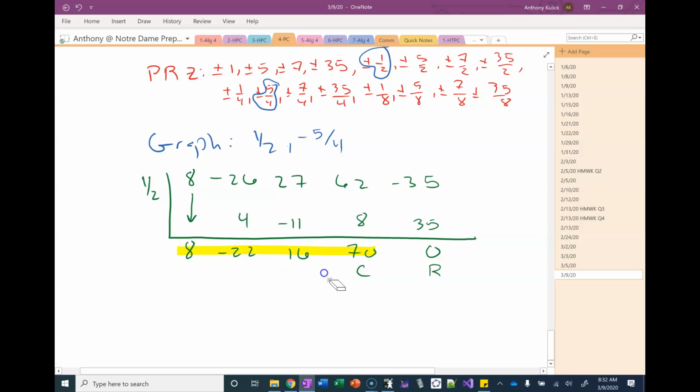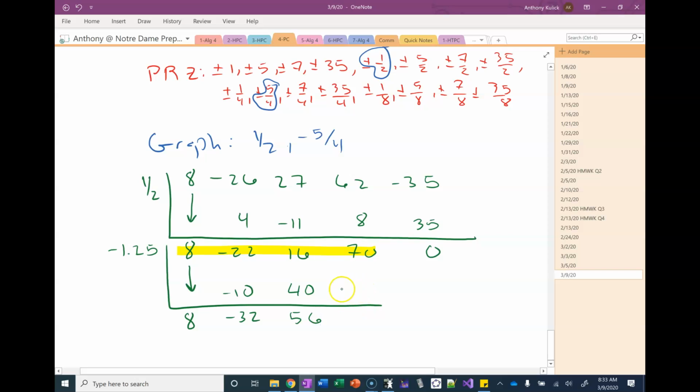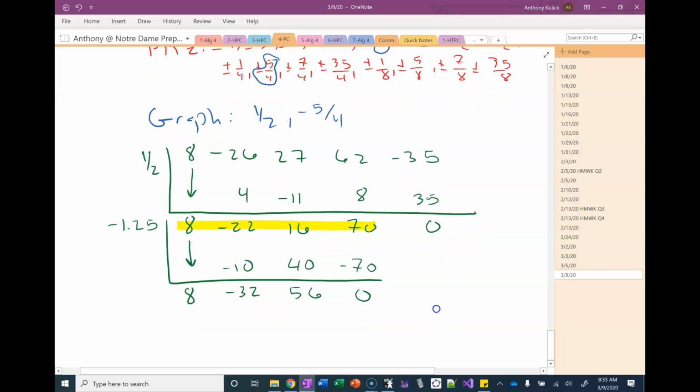No. So what does that tell me? We're just going to have to do another synthetic division. So I'll just do another synthetic division, because when I do another one, what I'm going to get is something that is quadratic. Like so.